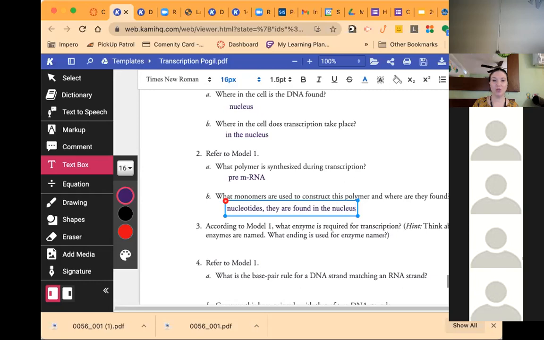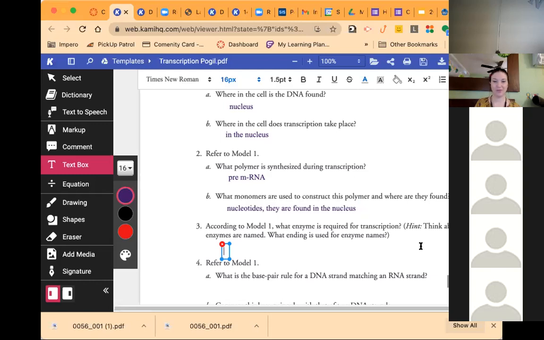Shauna, according to Model 1, what enzyme is required for transcription? All right, we apparently are missing Shauna. All right, May, according to Model 1, what enzyme is required for transcription? May, can you hear me? I can hear you.